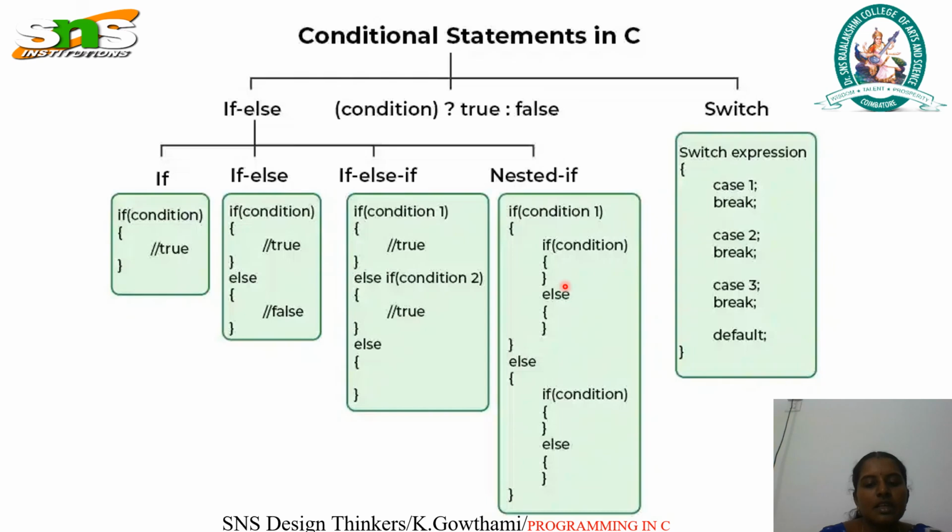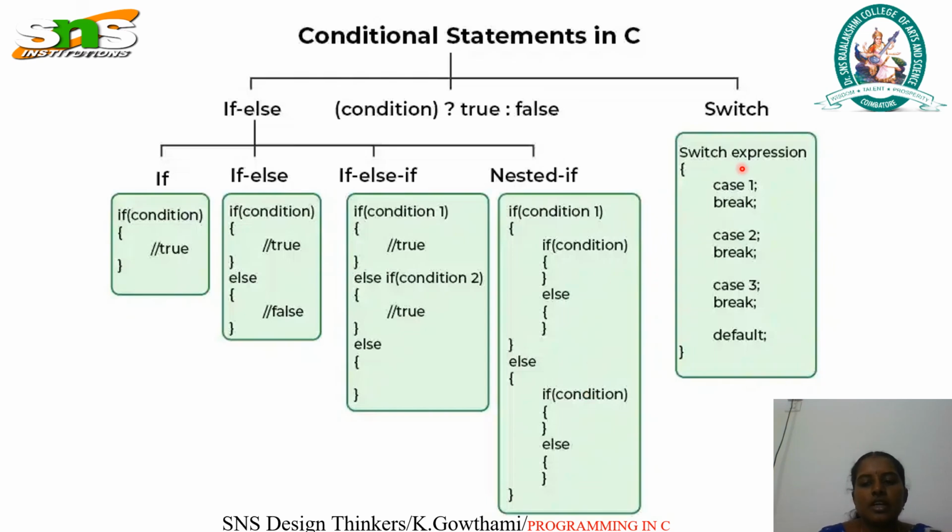In that inner if else statement, if the inner condition is true, the if block will be executed. Only when the outer condition is true, the compiler enters into the inner if condition. Otherwise, it will skip to the else block. The else block also contains another condition.